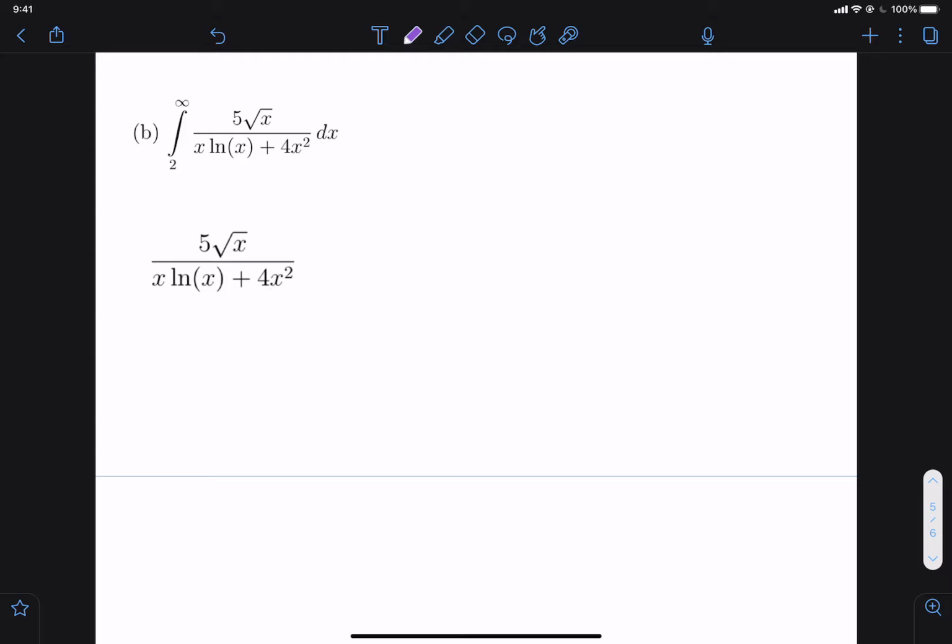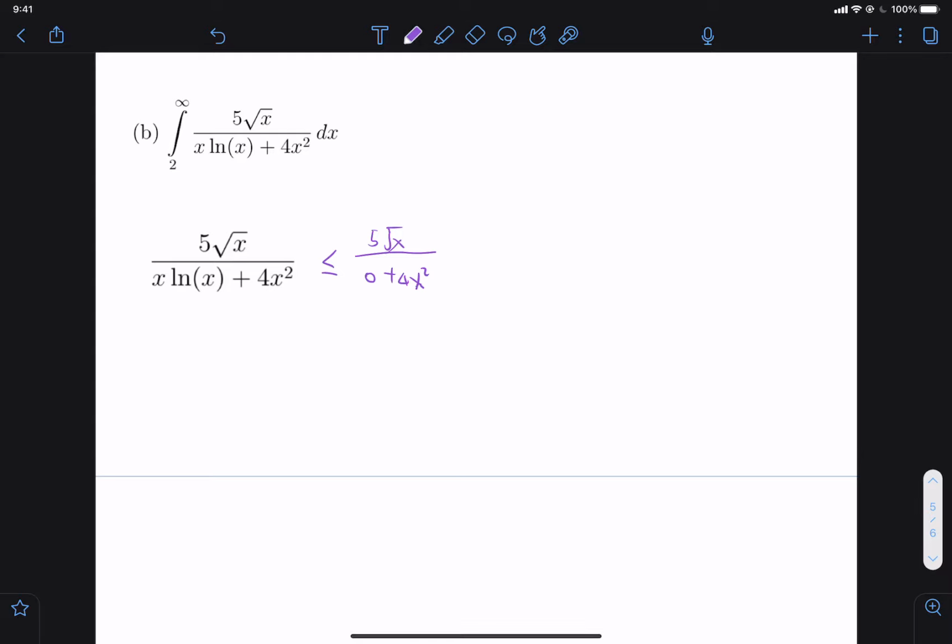So indeed, if we drop this, the original becomes less than or equal to 5x, this is 0 plus 4x squared. In this direction, we should prove that the function is convergent. So the original function is less than a convergent function, so it's also convergent. So let's see if we can do that.